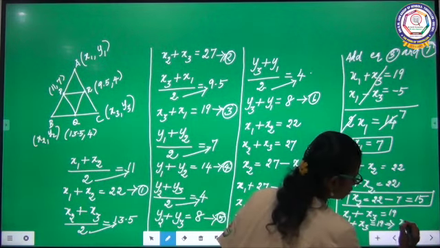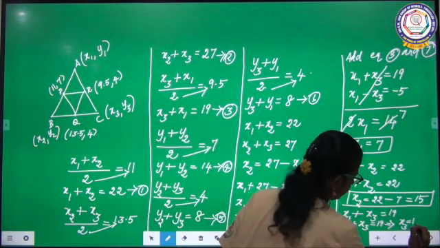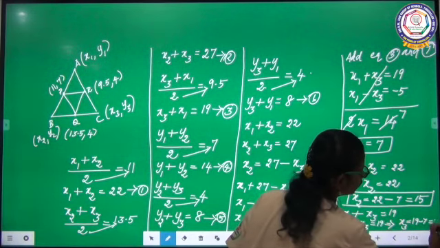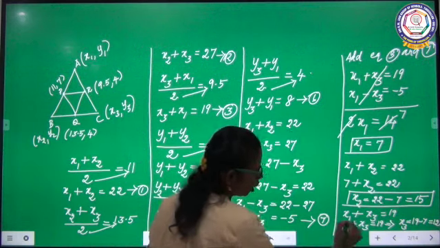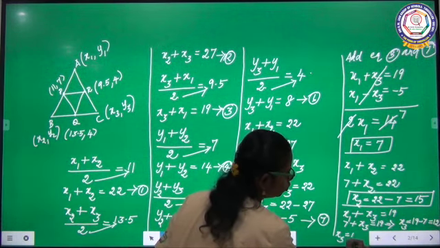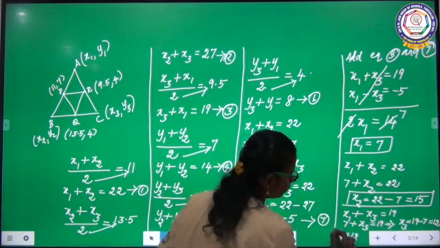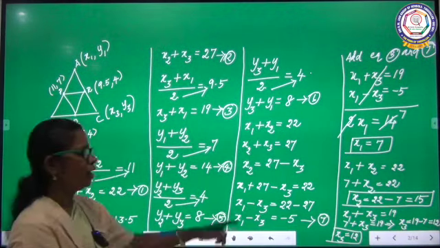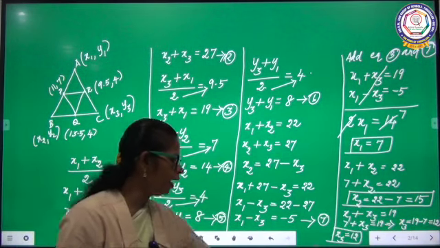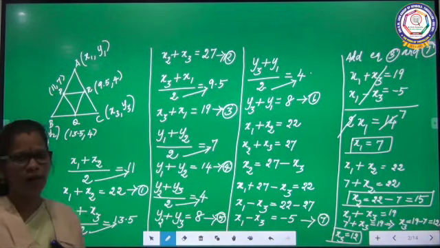That is x3 equal to 19 minus 7, which is equal to 12. Now what is your x3? x3 equal to 12. Right? x1 equal to 7, x2 equal to 15, x3 equal to 12.